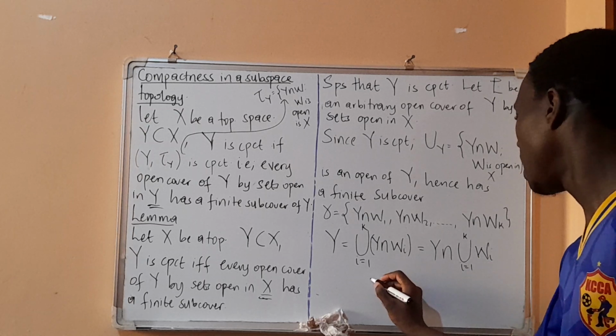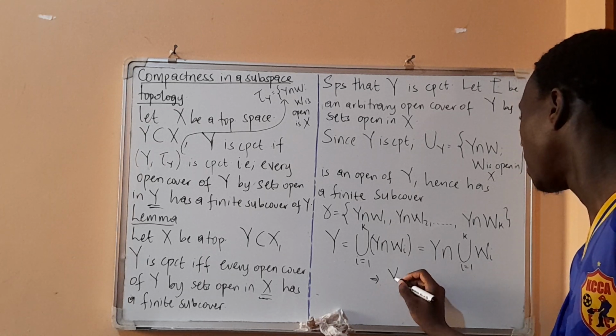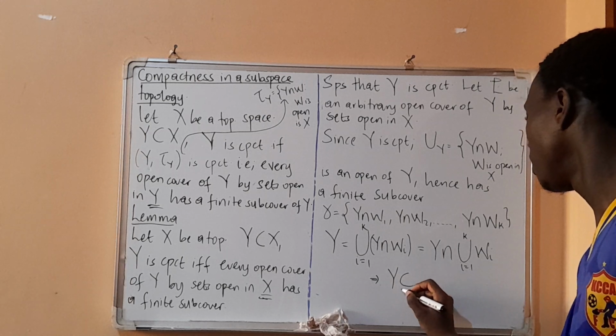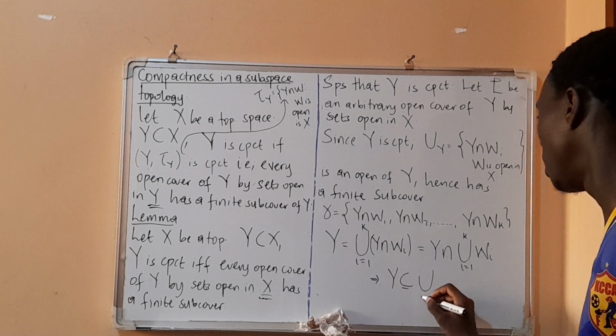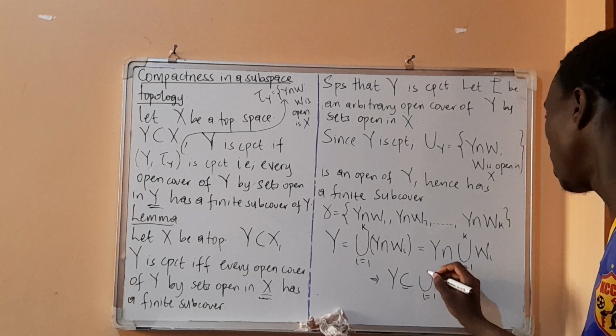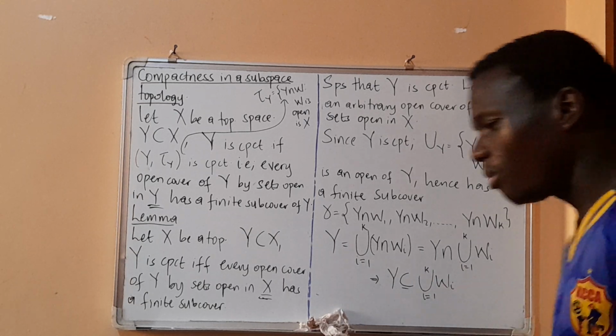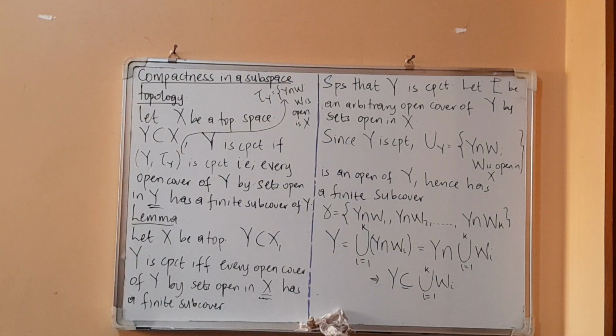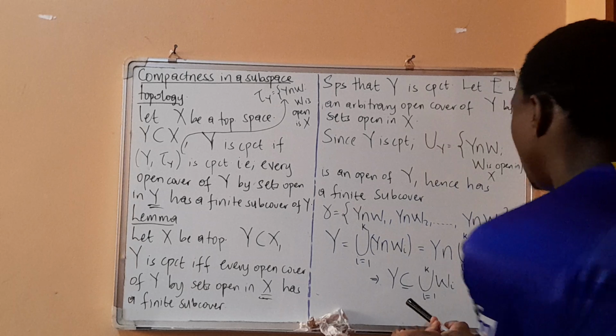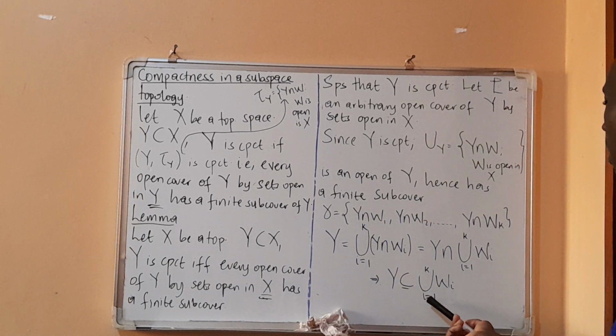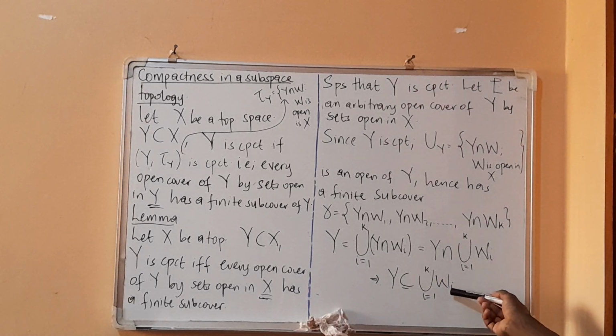This means that Y is a subset of the union of Wi, i equals 1 to k. So what does that mean? That simply means that you can easily see that Y is covered by the union of sets Wi.